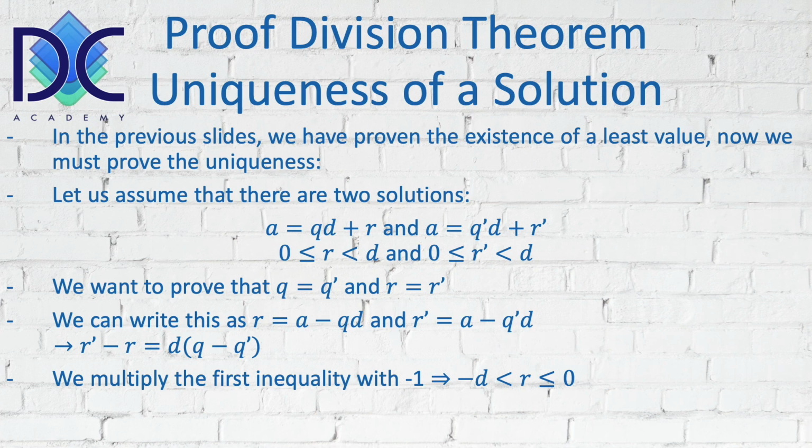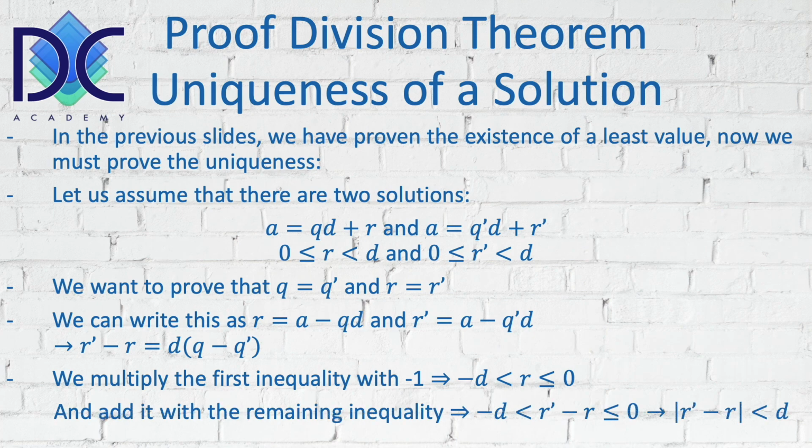We multiply the first inequality by minus 1, so it inverts, and it reads minus D is smaller than R, which is smaller or equal to 0. It inverts the inequalities because we multiply the inequality by a negative number. And now we add it to the remaining inequality.